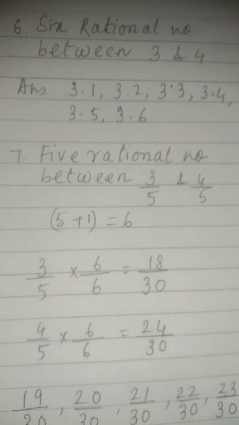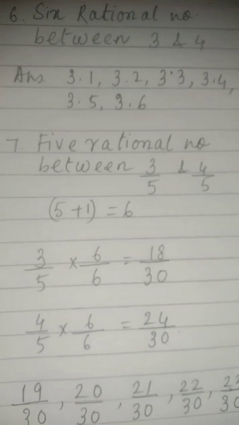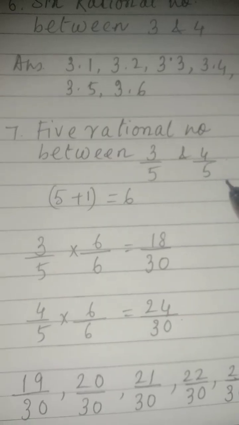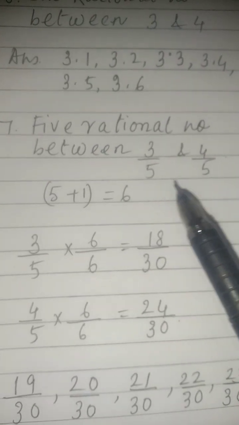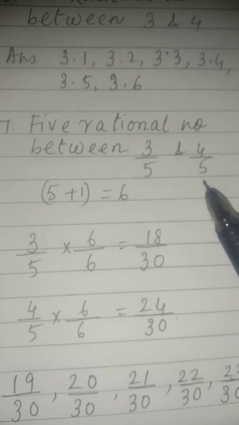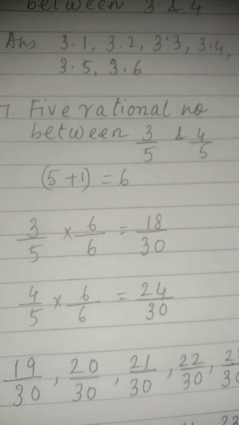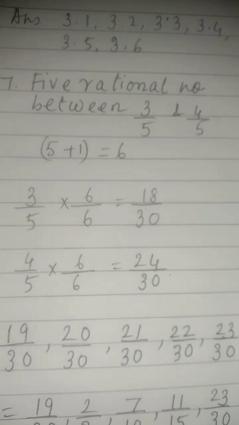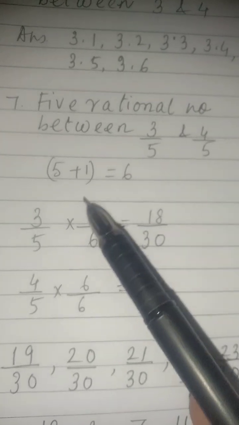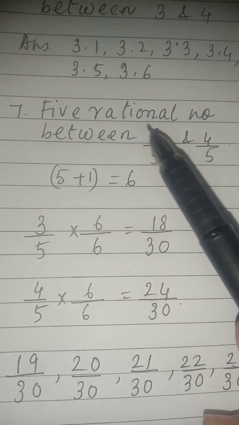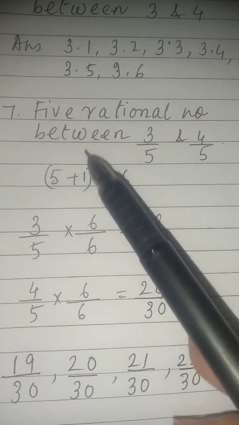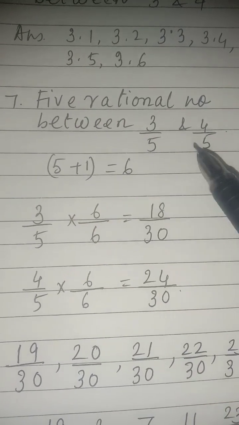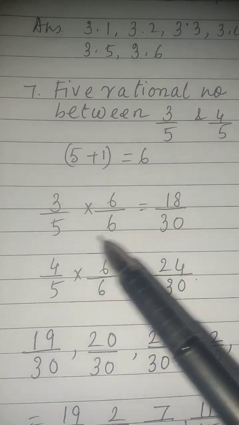Now you have to insert 5 rational numbers between 3 by 5 and 4 by 5. Since the denominator is already the same, we don't have to take the LCM. Since we have to insert 5 rational numbers, we add 1, 5 plus 1 is 6, and we multiply by 6 by 6 with both.